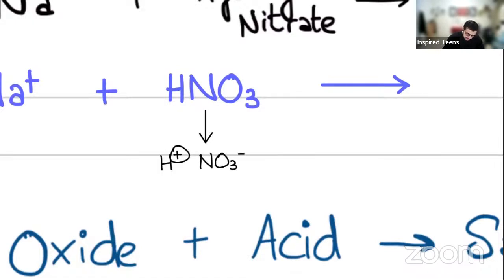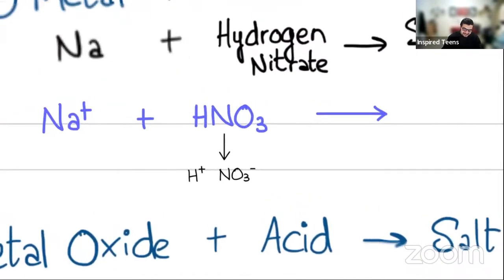So it's +1 and -1. That's why when they join to form HNO3, those charges cancel each other out. If there was a 2 or a 3, it would have caused little subscripts. But for now, in this example, it's important that it separates into H plus and NO3 minus.